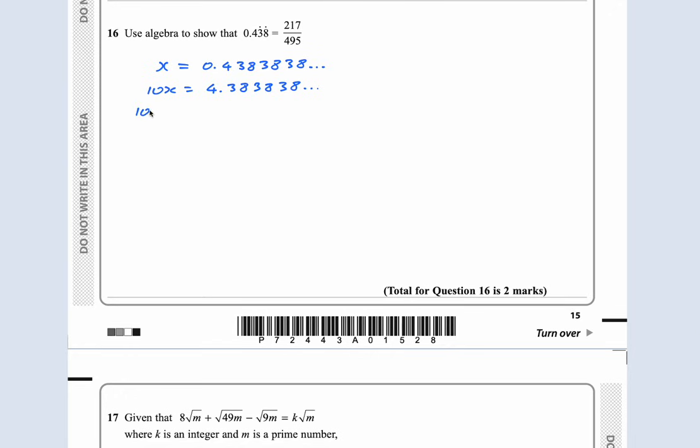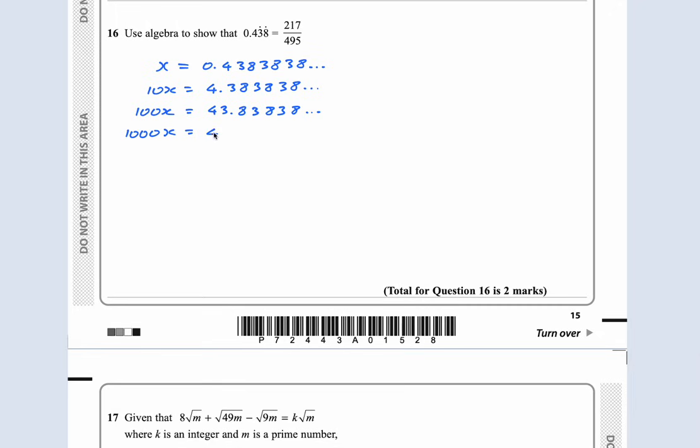Then I multiply by 10 again, and I get 43.83838 dot dot dot. Now my goal is to get the decimal numbers the same. Now this one starts with 4, this one starts with 3, and this one starts with 8, so they're still not the same. So I multiply by 10 again.